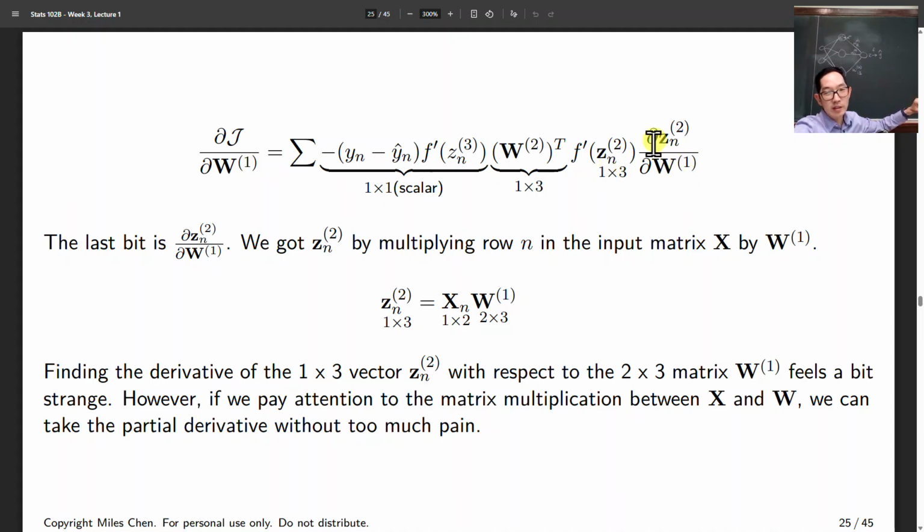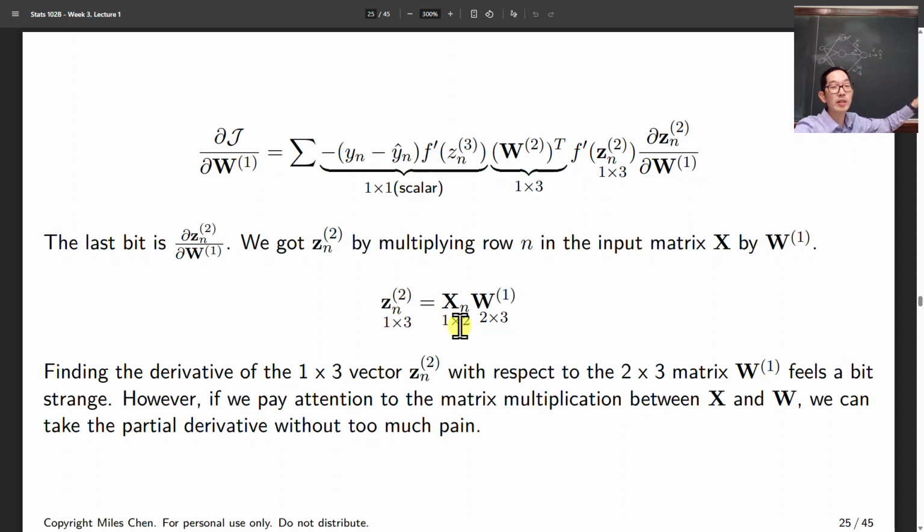Okay, this last bit feels the weirdest, because now if we think about the nth row in Z, the nth row in Z is basically one row with three values. How did we get that one row with three values?